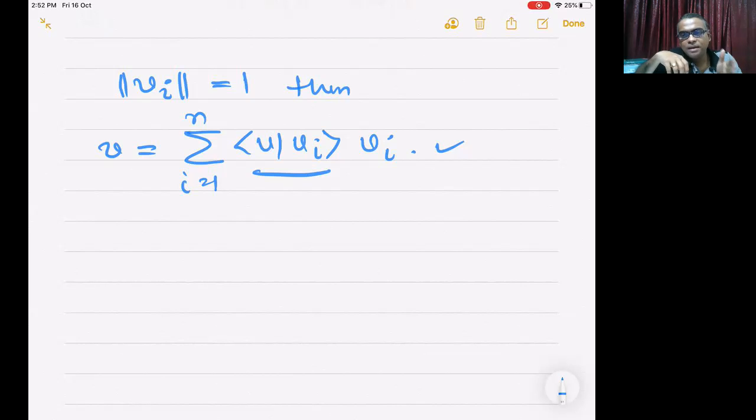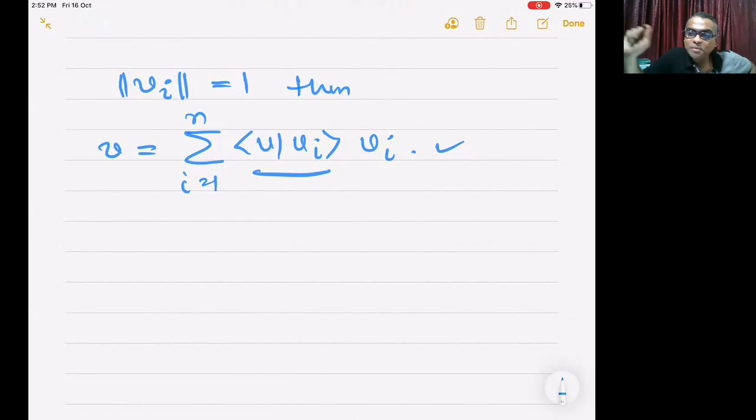I write v1, v2, v3, up to vn. I'm talking about n-tuples. So v1 is an n-tuple, v2 is an n-tuple, and so on. I stack them up one after the other, which gives me a square matrix. Then that square matrix multiplying the vector alpha 1 up to alpha n must be equal to my given n-tuple v. So I have to solve a linear system of equations to get this representation, right?